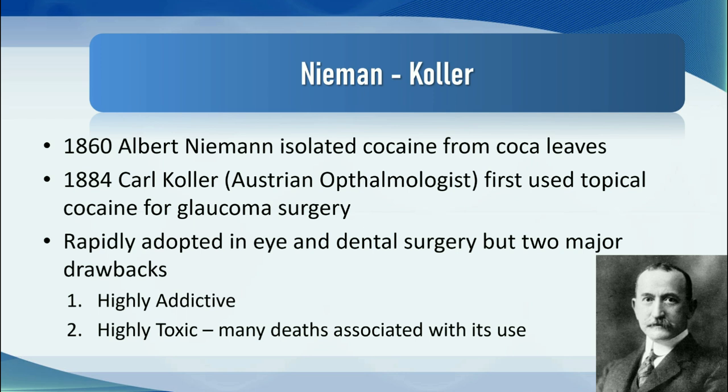It was rapidly adopted in eye and dental surgery, but there were two major drawbacks. The first was that it was highly addictive, and secondly, it was highly toxic. Many deaths were associated with its use.